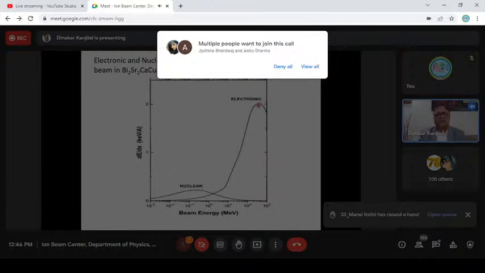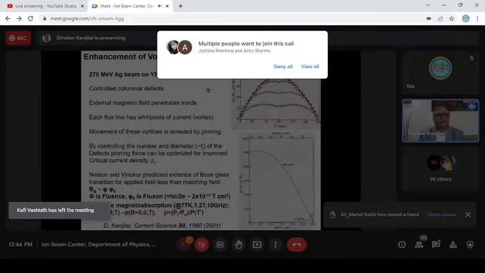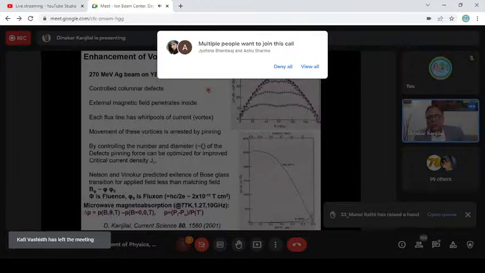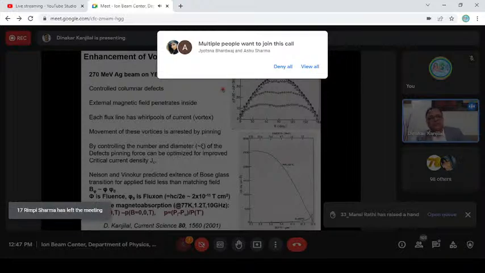Because here, what happens if I put 270, the defect diameter is more than what is needed. The defect diameter makes that area non-superconducting, so the flux can move across. In all type 2 superconductors, it is not perfect diamagnetic. It takes some field, so Hc1 and Hc2 are there.